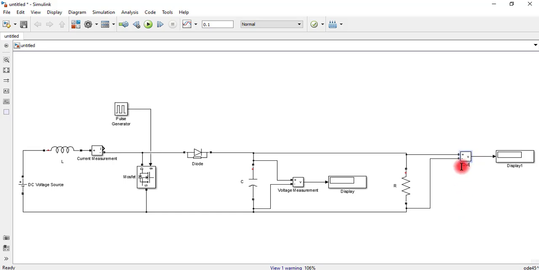This will measure the output voltage, and this is the capacitor voltage. This is the inductor current.